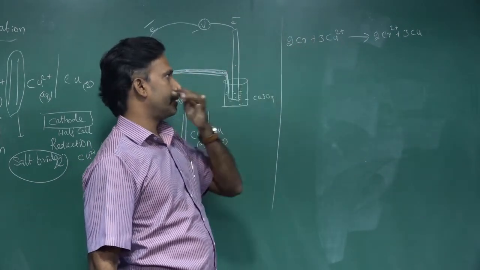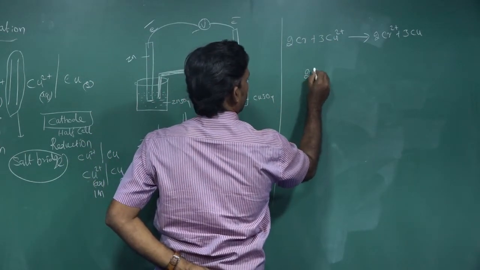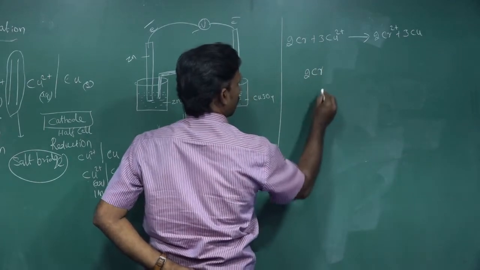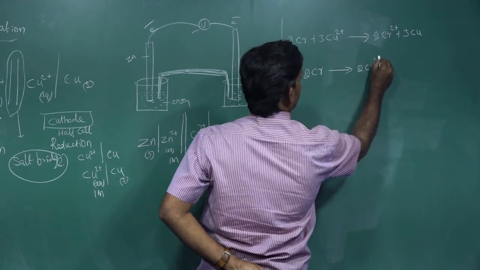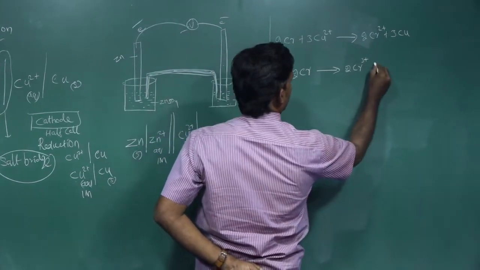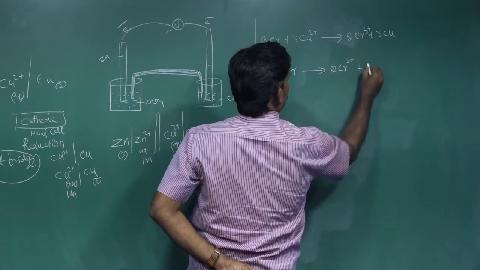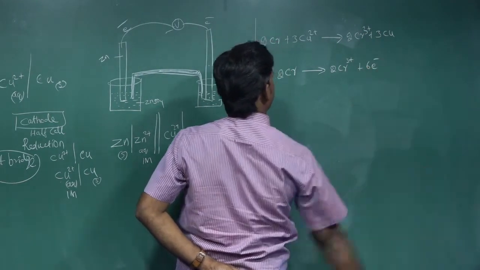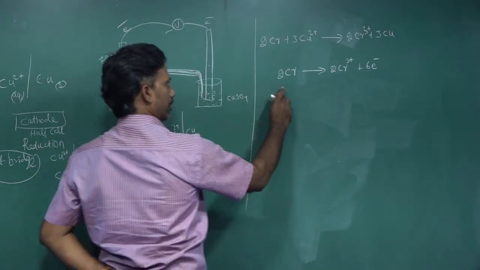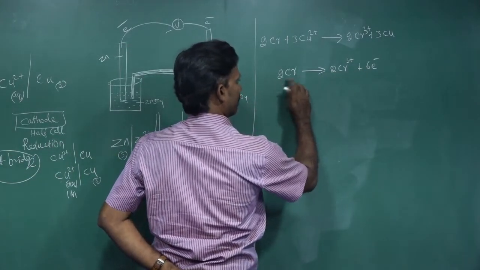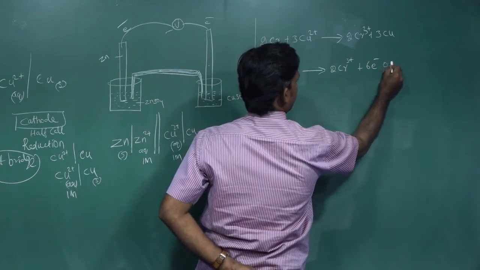How does the reaction take place? Chromium loses electrons and becomes Cr3+. One Cr loses 3 electrons, and since there are 2 Cr in total, 6 electrons are lost. This process is called oxidation.